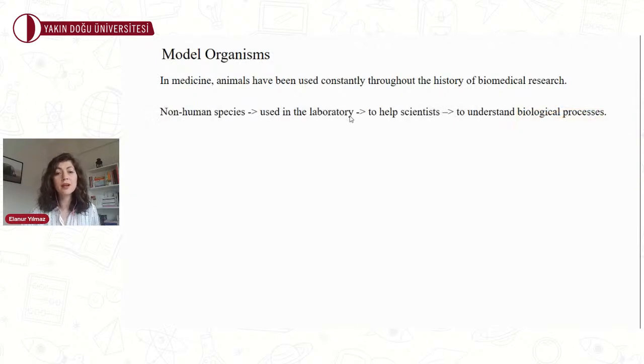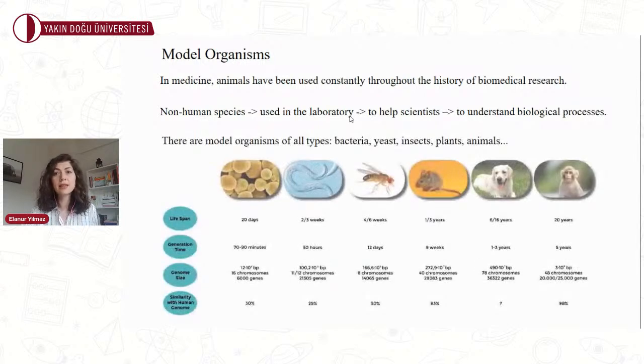Model organisms are non-human species that are used in the laboratory to help scientists understand biological processes. Model organisms are usually organisms that are easy to maintain in the laboratory facility, affordable, and have particular experimental advantages. Their advantages rely on reduced costs, easy maintenance in laboratory settings, and affordable but rigorous manipulation tools.